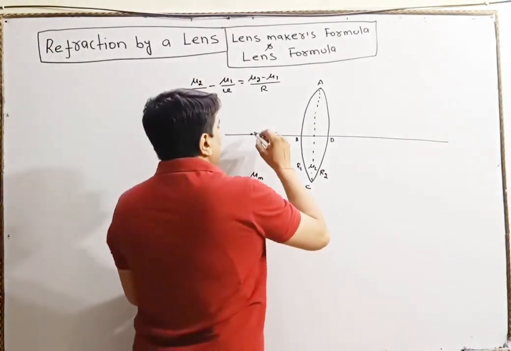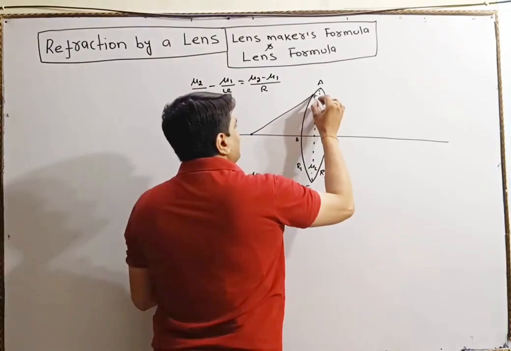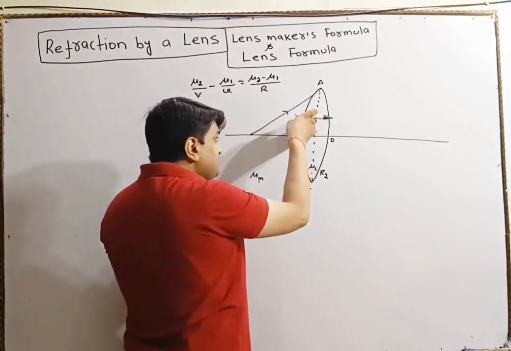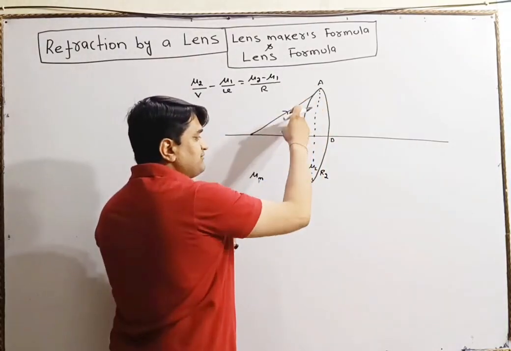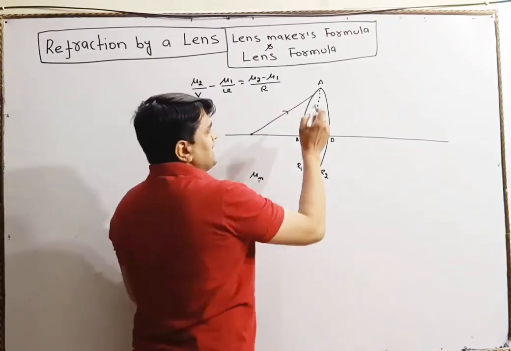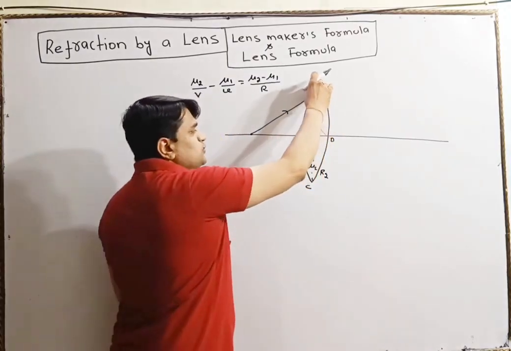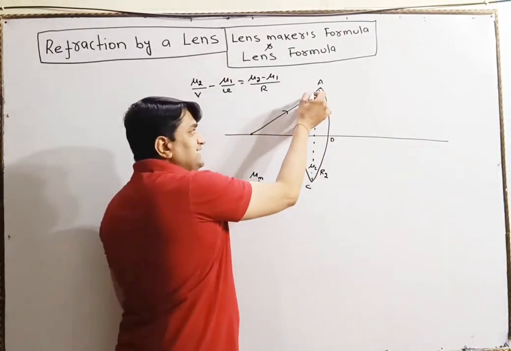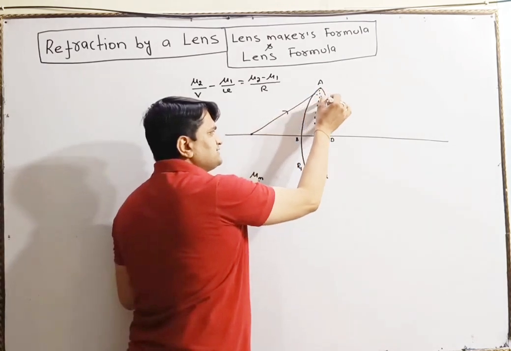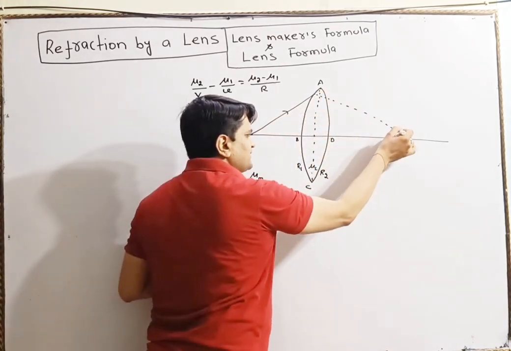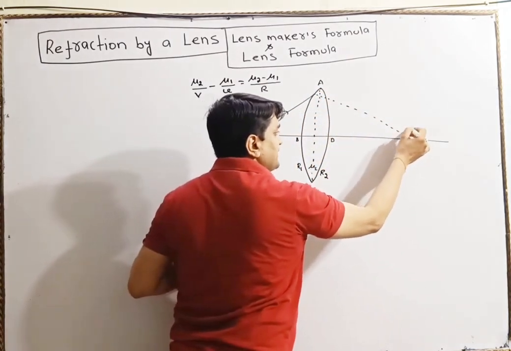Now if light falls on it, first it will be refracted from ABC, the first surface. If there is no second surface, then it must make an image. Let it be I1.